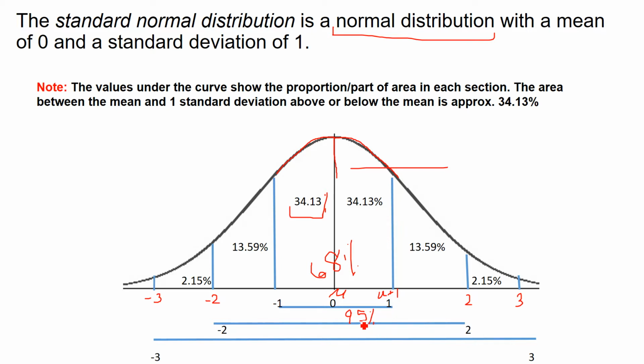I'm just writing the rounded figures. If the standard deviation is 3 above the mean or 3 below the mean, it is 97 point something, make it just 97% of data lies here. This is the normal distribution.